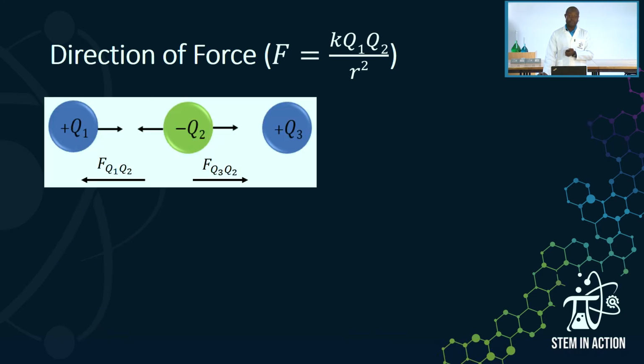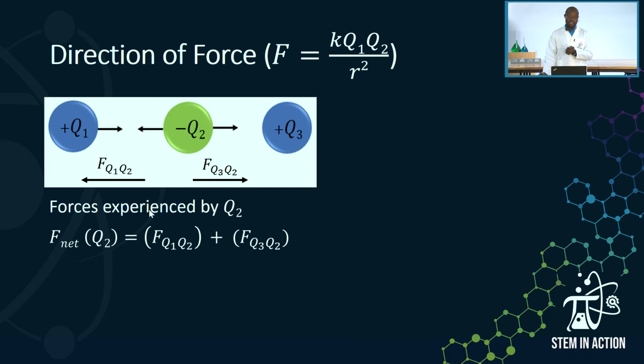Now we can come and add our forces. So this is our image again from the previous slide, and we are just going to add our forces. The forces being experienced by Q2, our F net on Q2, is going to be equal to FQ1Q2 plus FQ3Q2. Because FQ1Q2 is going to the left, we put it as a negative if we are considering the right side as our positive direction.